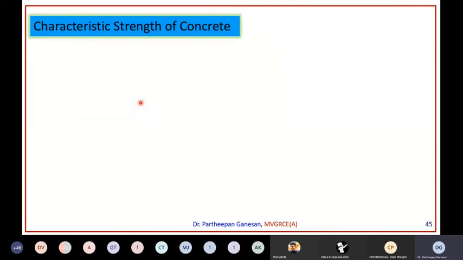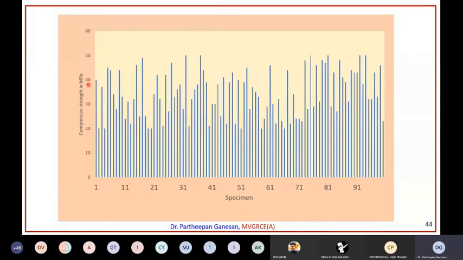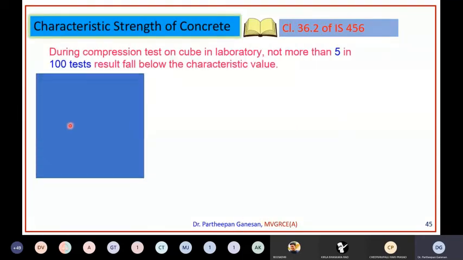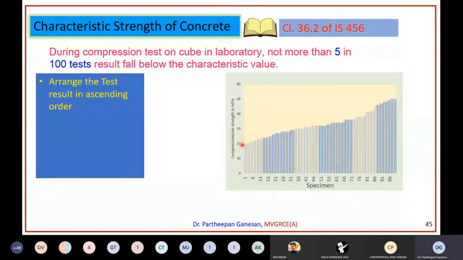Like here, it is not in ascending order, right? It is going up and down, up and down. So you arrange all these strengths in ascending order, from lowest value to highest value.